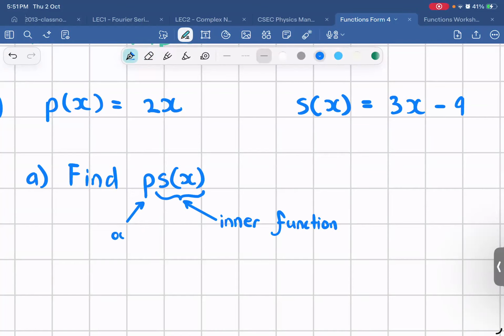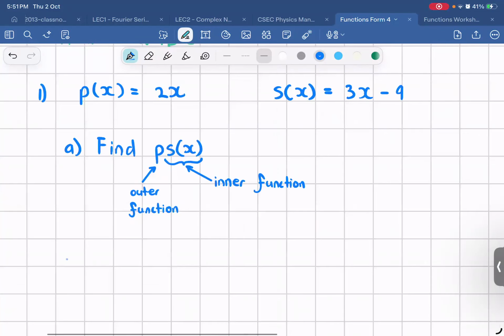We could have used simpler examples, but they're not going to give you all these simple examples, so just roll with the punches. So p s of x: I want you all to think about that as p of s of x. That is how I want you all to think about it.